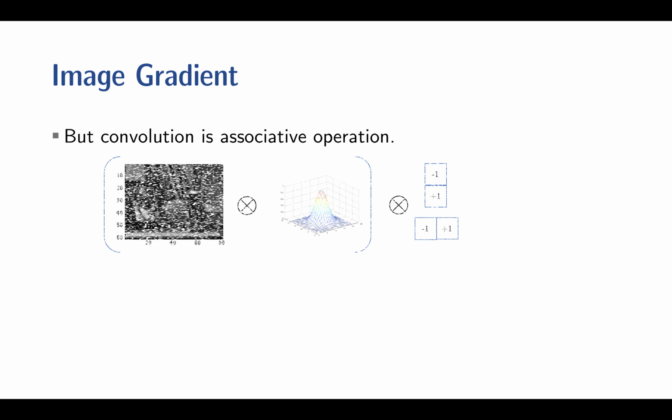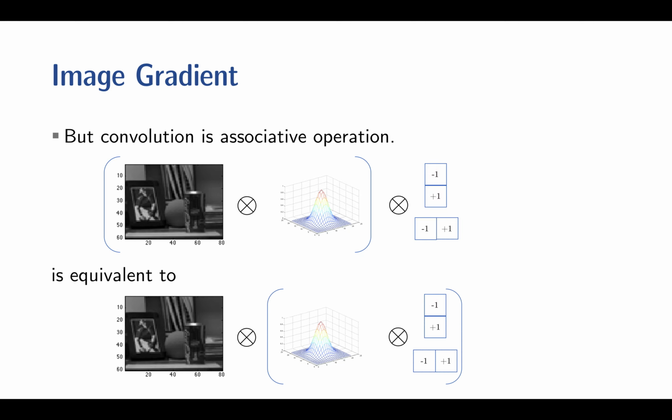Okay, which means that instead of convolving the image first with the Gaussian, like I did in the previous slide, and then convolving that result with your two derivative masks, you can actually first find the derivative of the Gaussian in the x direction and y direction, and that will yield a mask. And then you do only one convolution with the image, I mean, one for each direction.